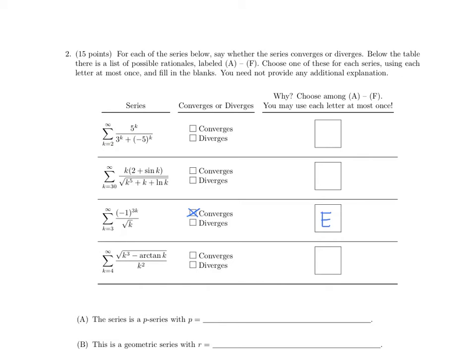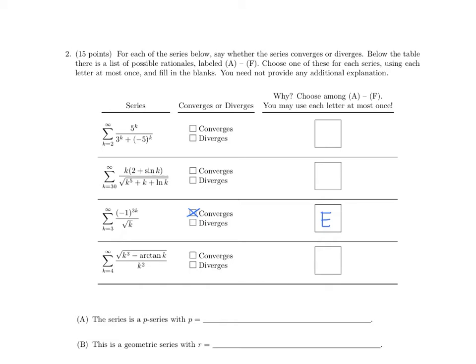which does not have a limit of 0, right? That has a limit of 1. And in fact, because this is alternating, this is nearing plus or minus 1, depending on the sign at a particular k value. So this limit of the terms as k goes to infinity actually does not exist. So this fails the nth term test, or you could say it passes the nth term test for divergence.